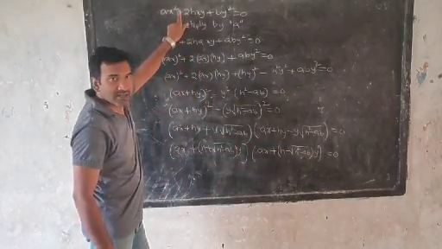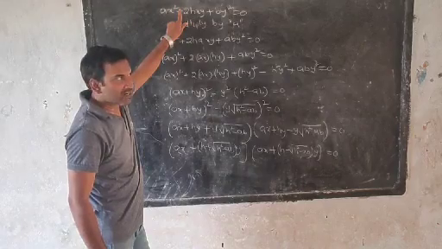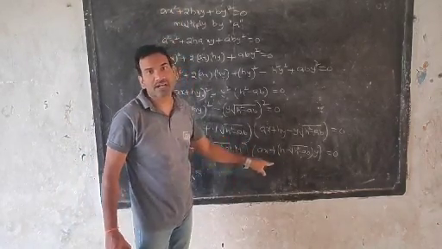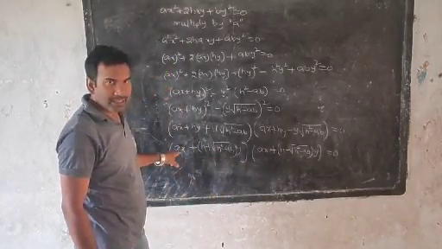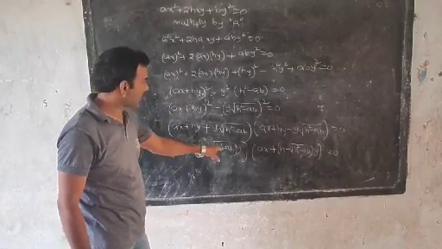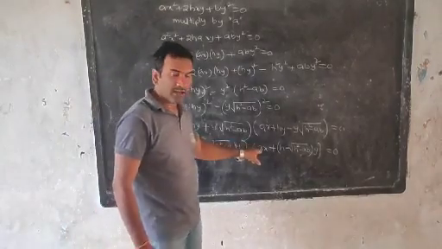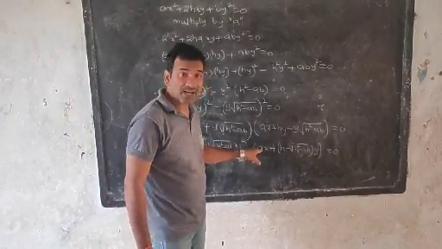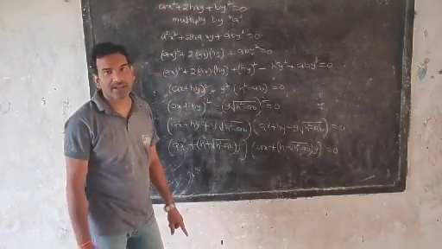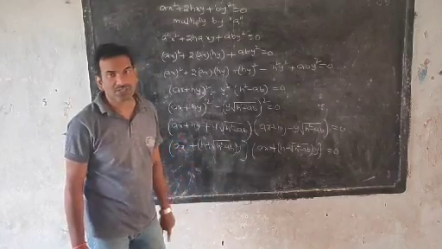Now this pair of straight line equation is split into how many straight lines? Two straight lines. What are they? Ax plus h plus square root of h square minus ab into y equal to 0, and the second one is ax plus h minus square root of h square minus ab into y equal to 0.